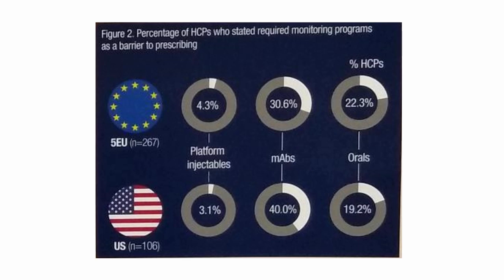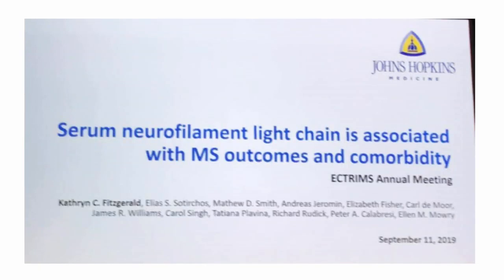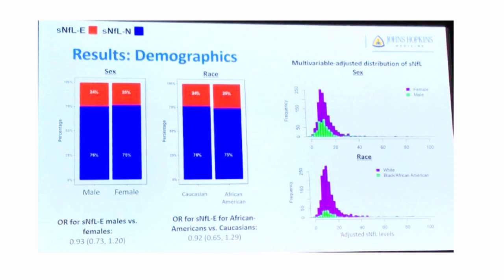Swiftly moving on, because we've got under 5 minutes left, let's talk about serum neurofilament, which has again been a hot contender at ECTRIMS this year. Biomarker central, isn't it? In terms of comorbidity associations, there was an interesting original paper showing there weren't any sex or race differences.